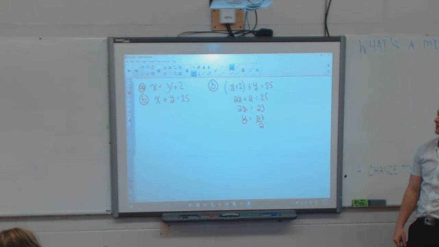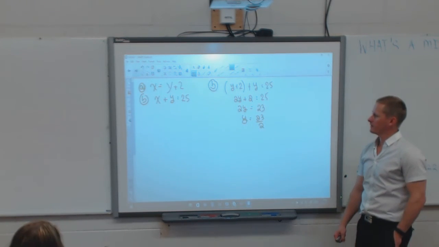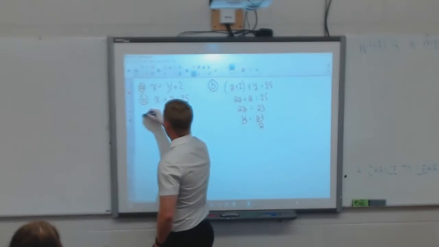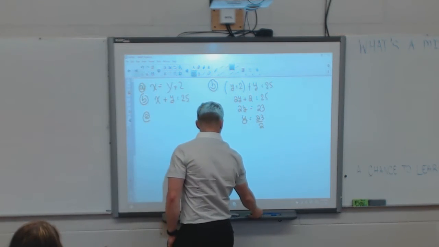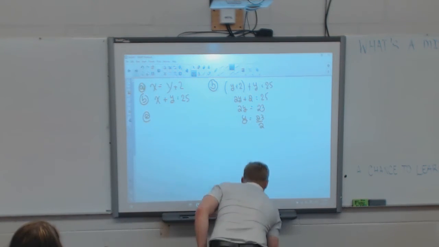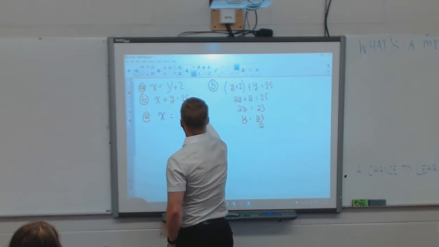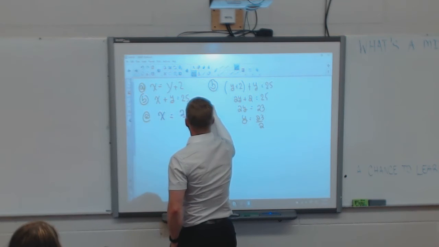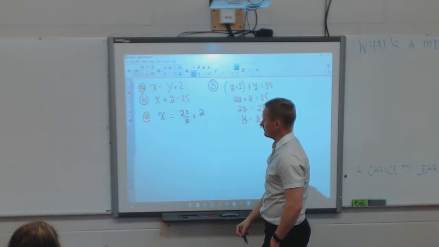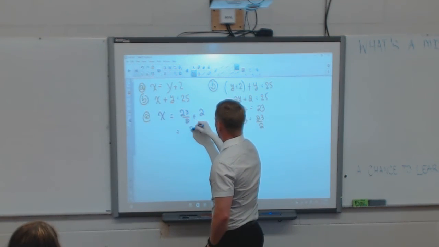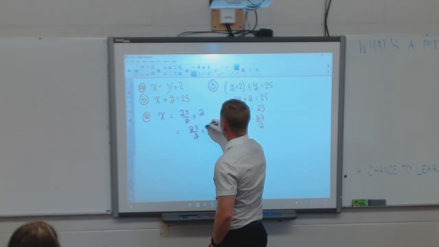Okay? So now, how do I find out what x is? You substitute that in for y into one of the two equations. Let's use equation A. X is equal to 23 over 2, add 2, equals 23 over 2, add 4 over 2.